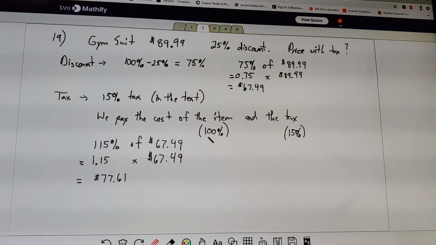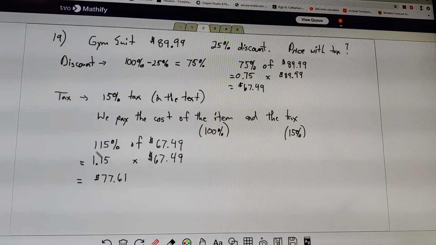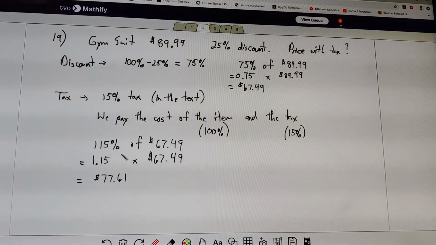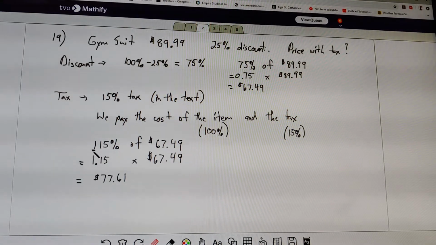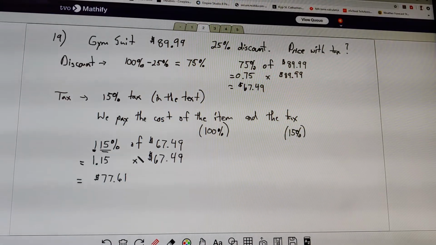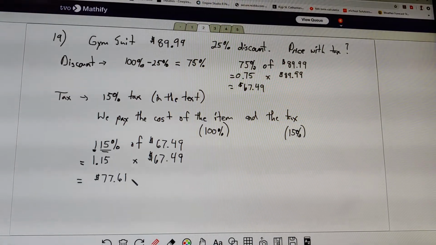So we're paying 115% of that discounted price, the 100% being the $67.49, the 15% being that extra tax that we have to pay. Change that back to a decimal, 1.15 multiplied, and you get 77.61.